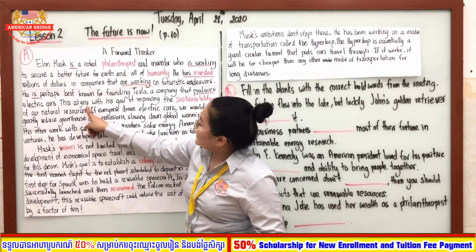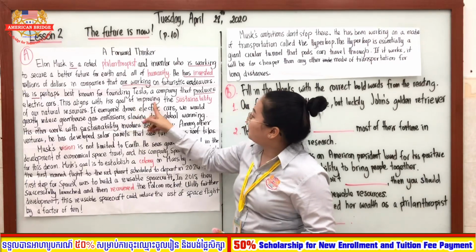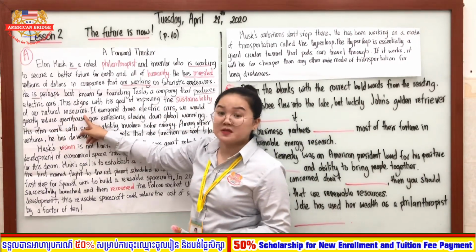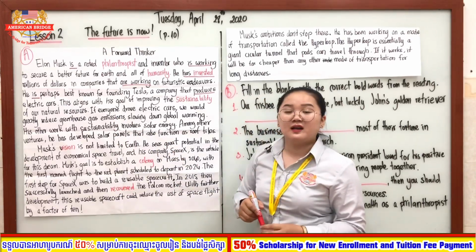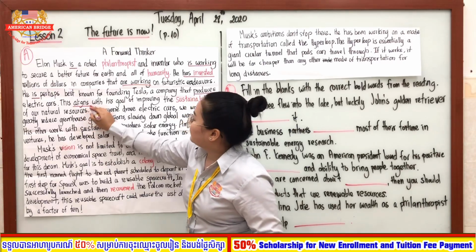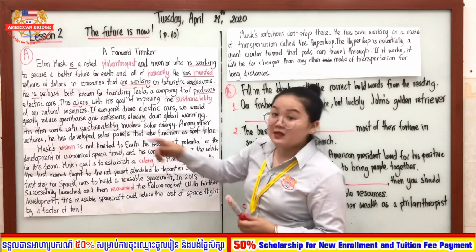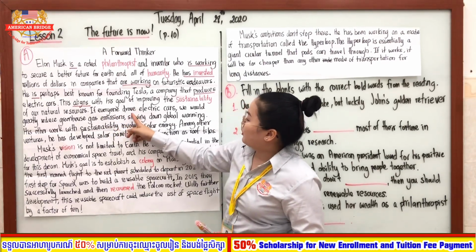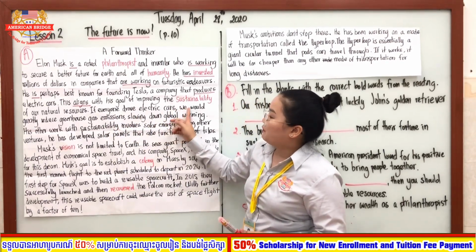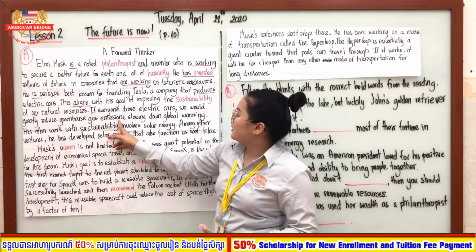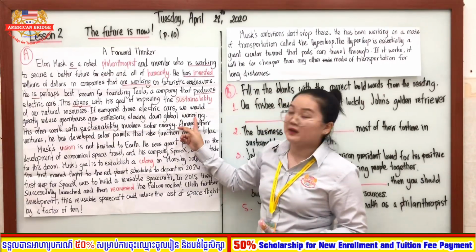This aligns with his goal of improving the sustainability of our natural resources. So the present tense verb is aligns. So let's move to the next sentence. If everyone drove electric cars, we would greatly reduce greenhouse gas emissions, slowing down global warming.